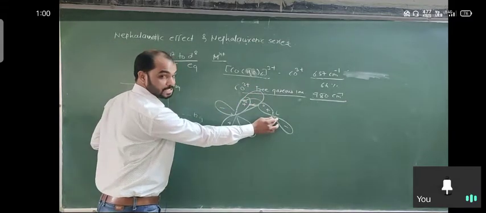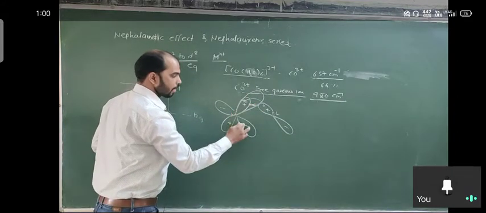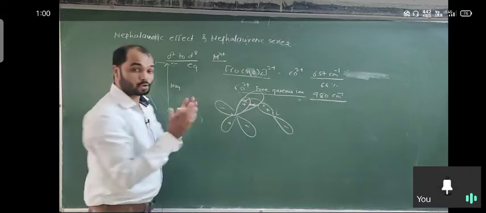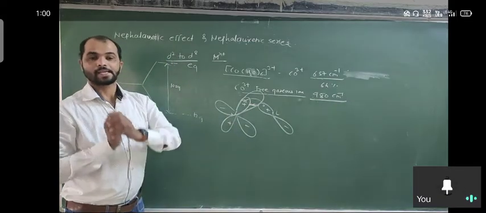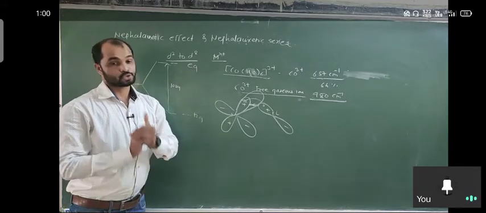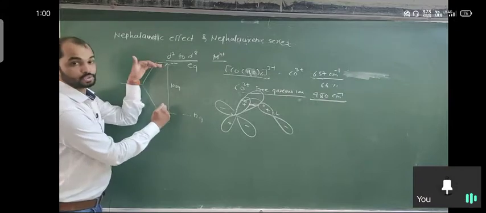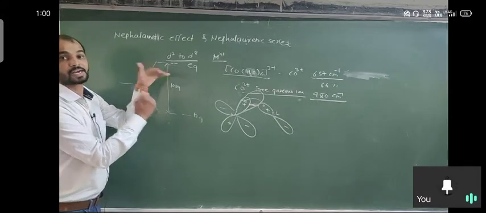Because of the interaction with the ligand, the electrons of the metal ion go away from the metal, and the reason is they decrease the repulsion between them. So that's why the energy difference between the two energy levels decreases.